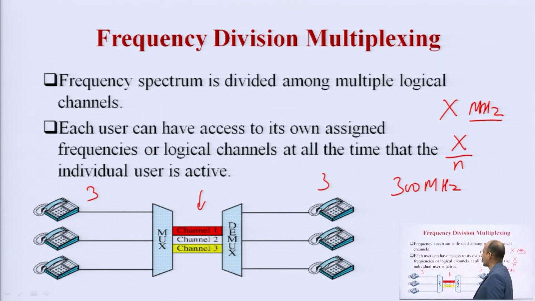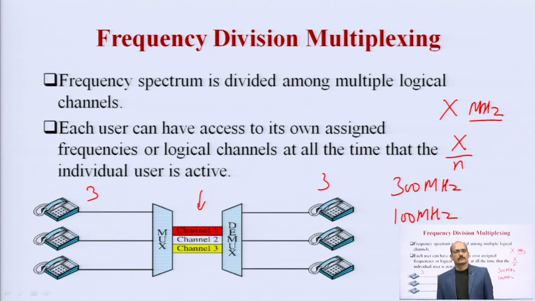That 300 megahertz is divided into 3 logical channels of 100 megahertz each: channel 1, channel 2, channel 3. These 3 channels are utilized by individual users for the complete time, but the available bandwidth for a single user is only 100 megahertz.